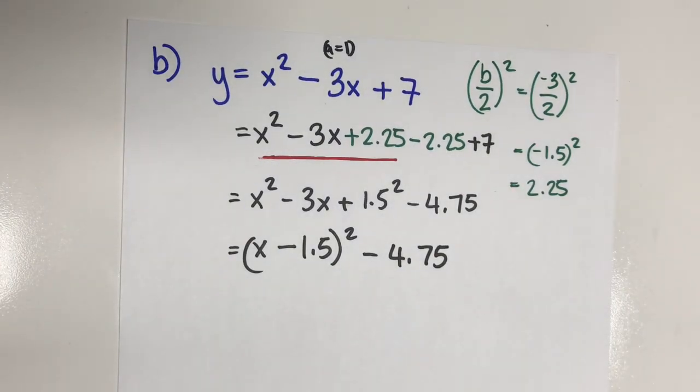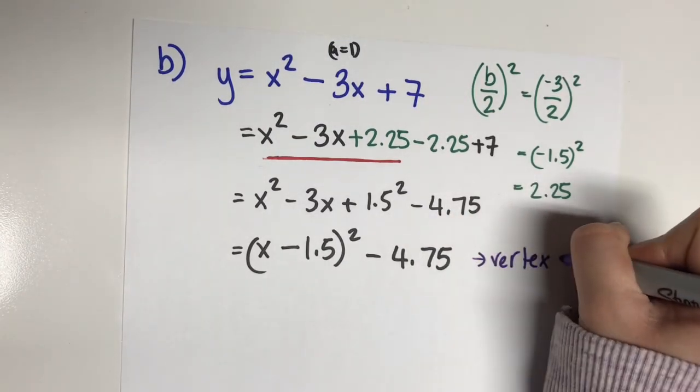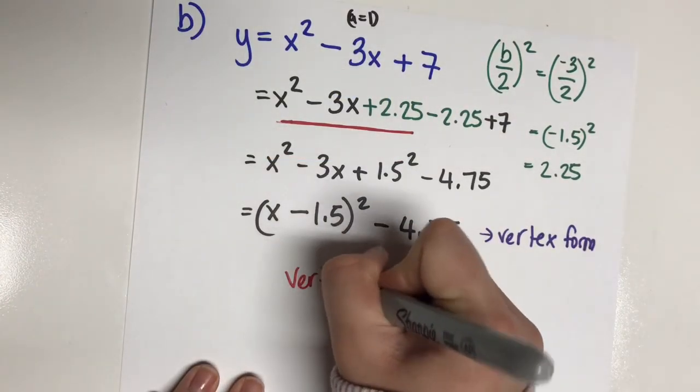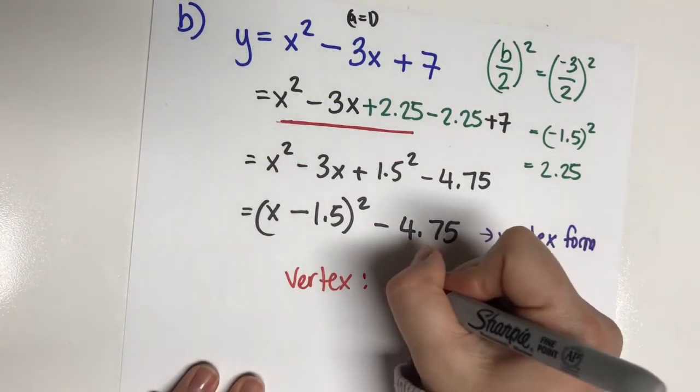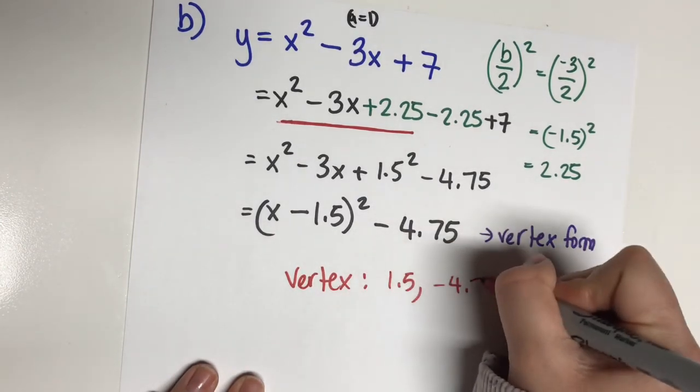So to state the vertex of this question, it is now in vertex form. My vertex is my h, which is 1.5, comma, my k, which is 4.75.